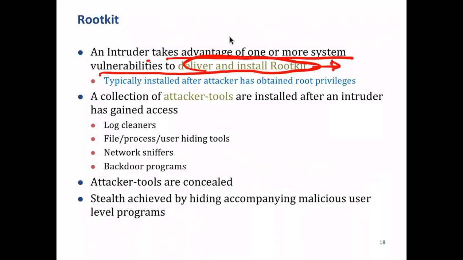Note that this rootkit is not something that will go from one machine to another machine. The criminals have to plan to put a rootkit in a specific server of an organization, or a web server or some other server, right? So it's typically installed after the attacker has obtained root privileges.